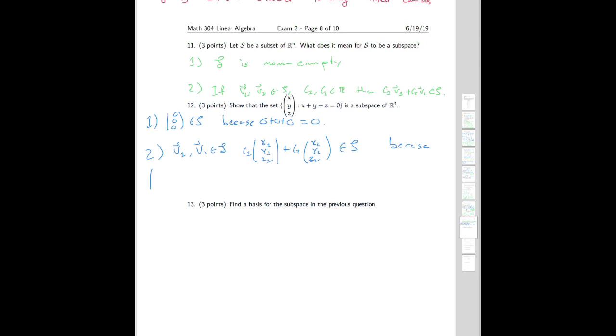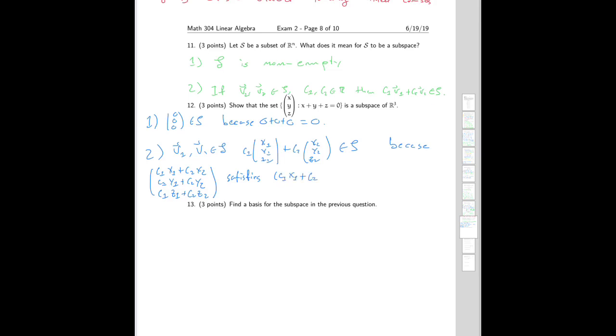Because the sum of these two vectors is C1 x1 plus C2 x2, C1 y1 plus C2 y2, C1 z1 plus C2 z2, and it satisfies that the top coordinate plus the middle coordinate plus the bottom coordinate equals 0.